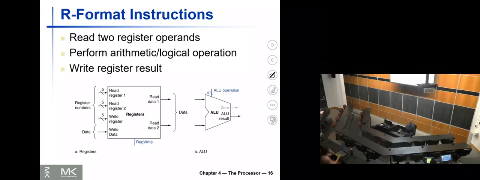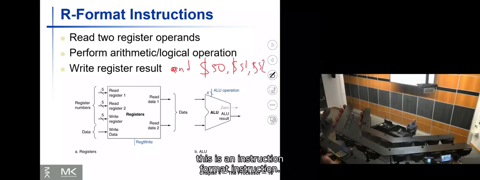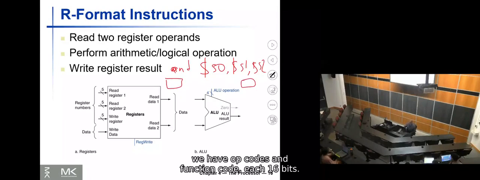We have AND S0, S1, S2. This is an instruction, an R format instruction. In R format instruction, we have opcode and function code, each one 6 bits.